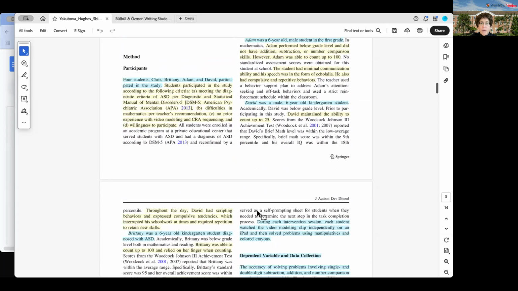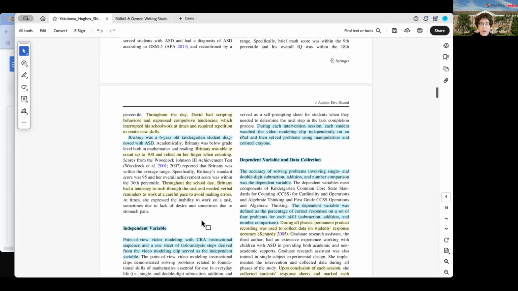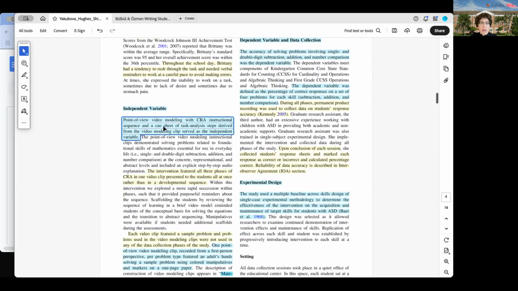So that's for you to look at. So they're establishing that these are 4 kids. It's relevant. They really have ASD, and a little bit about their actual math skills before the study started. Okay, so independent variable is identified and described. So you can look at this.